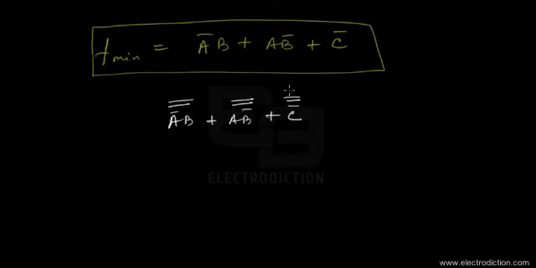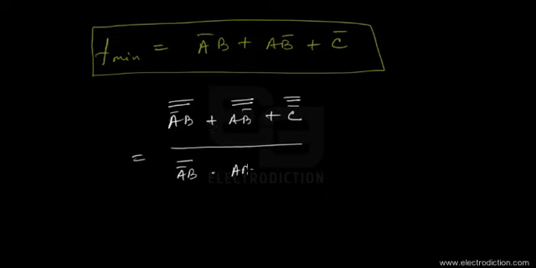Now if you apply De Morgan's laws, De Morgan's laws basically state that if this is what we have, this can be written again in a different way. So it can be written in somewhat this type of form, where each of the minterms now gets multiplied with each other.